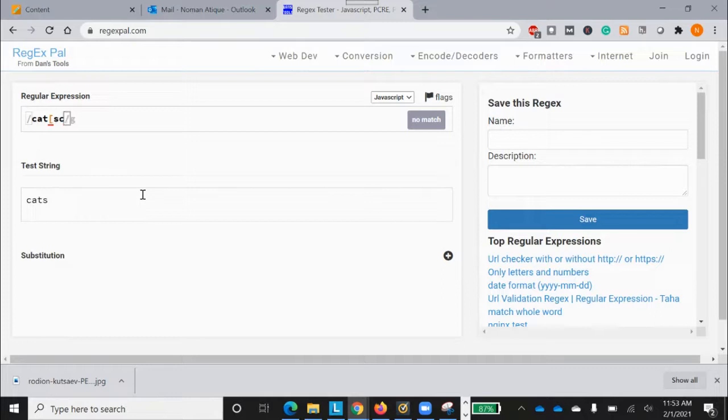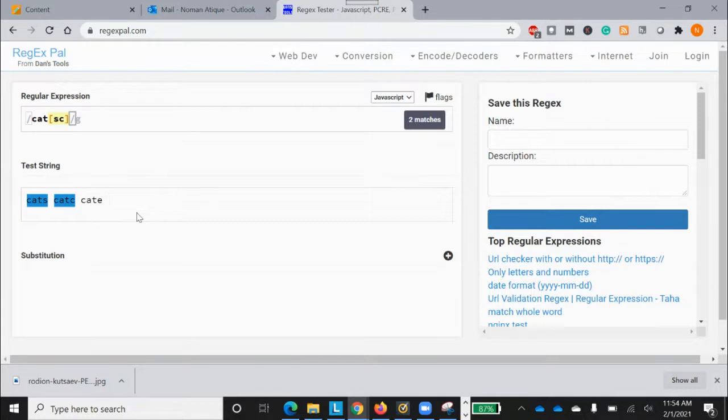You say the C. Cat should be followed by C. Now you see here, if I write cat followed by C or S, it will be recognized. If I write cat with T or E, is it recognizing? No. Now what it is doing is that it says that now I have a set of values.